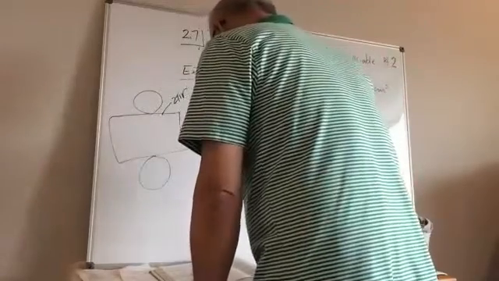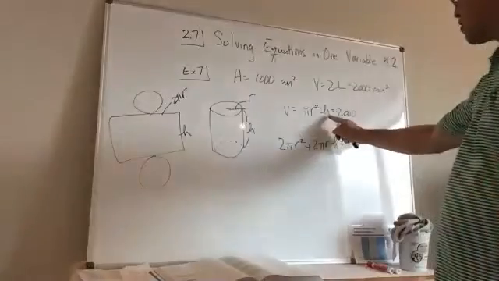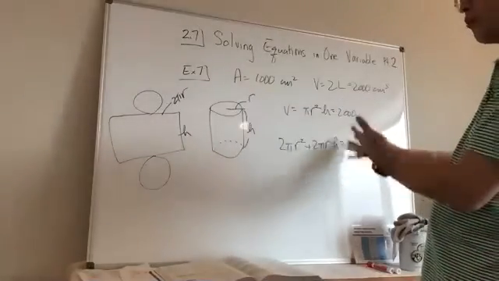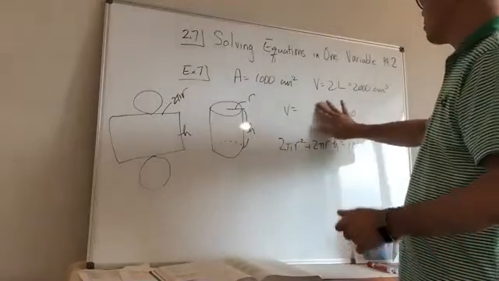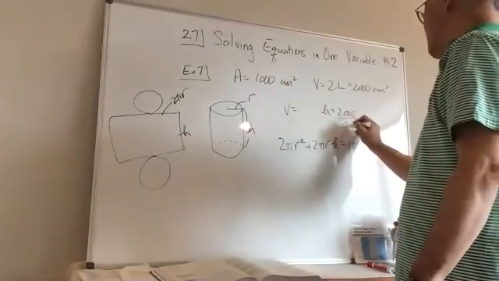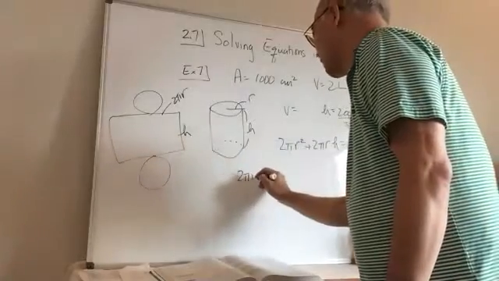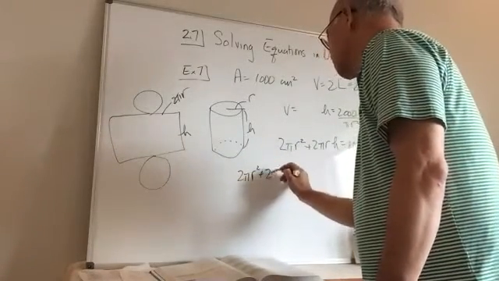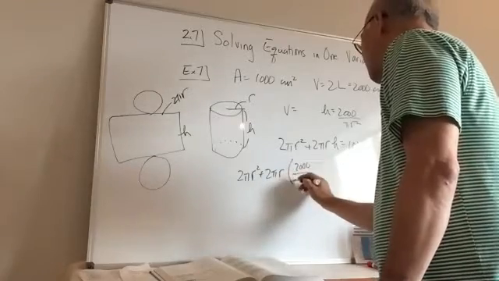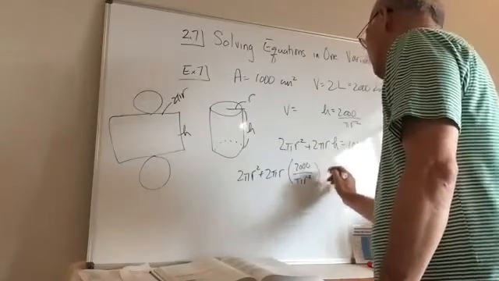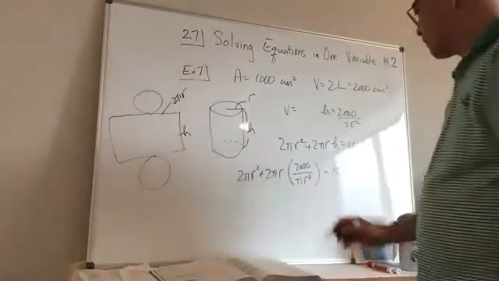I'm going to go ahead and solve for h here, right? Because I can't have both of them running together. So h is going to be equal to 2,000 over pi r squared. If I divide that by that, I get pi r squared here. So I'm going to get 2 pi r squared plus 2,000 pi r squared is equal to 1,000.